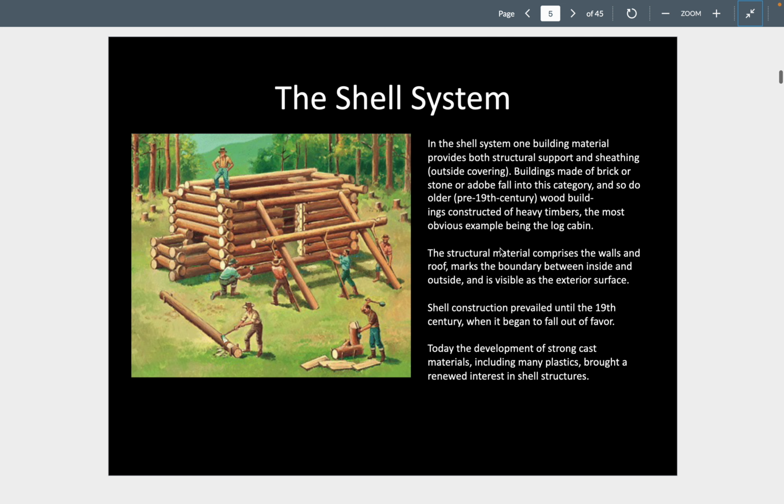So of the two systems, the shell system is the oldest. Most buildings older than the 19th century have this quality, like a log cabin or an adobe house. In the shell system, you have the walls being built slowly, and ultimately they have to be heavy enough to support the roof.